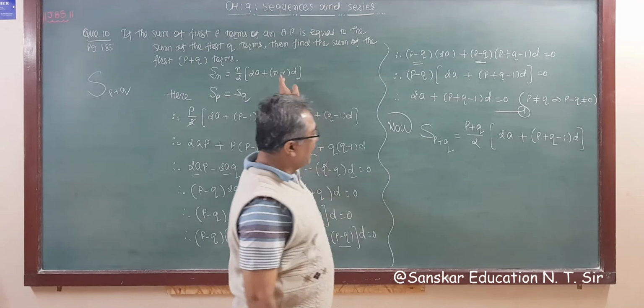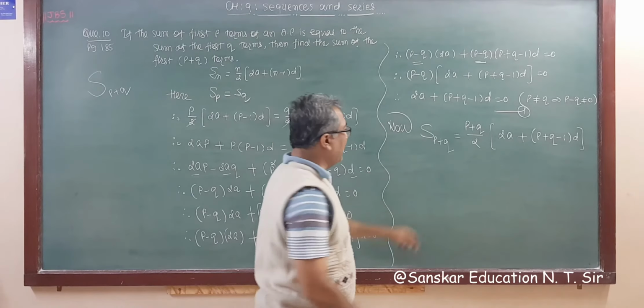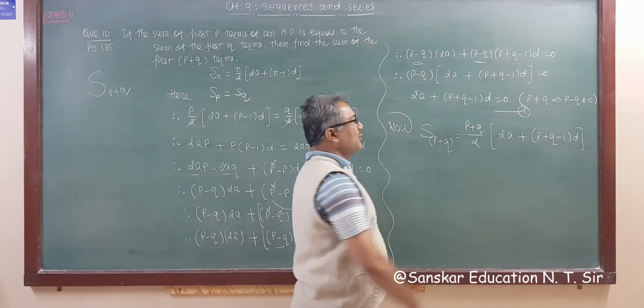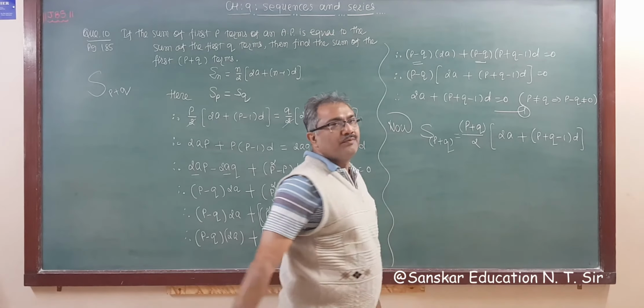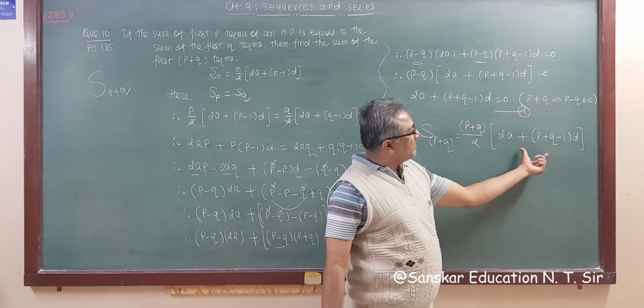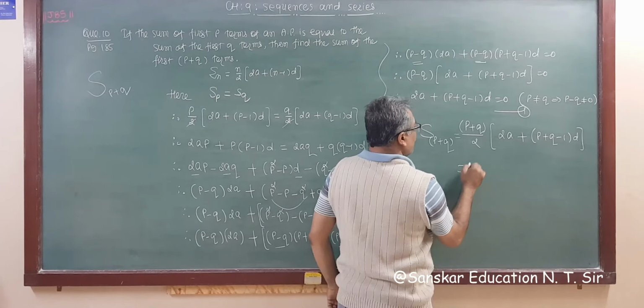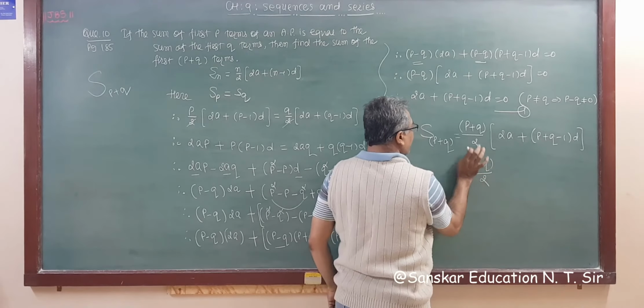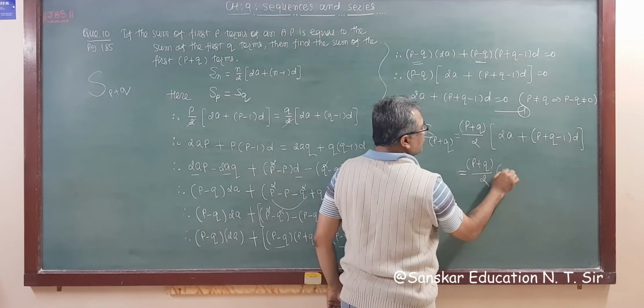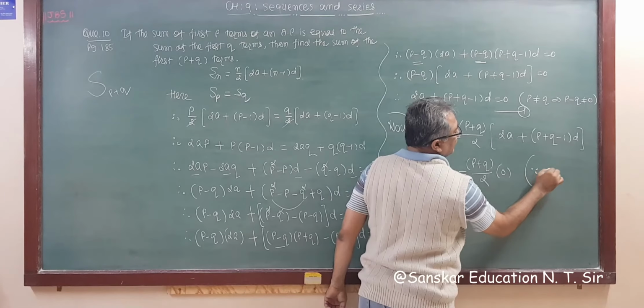That's why this is p plus q by 2. Now from equation number 1, this is 0. So this is p plus q by 2 into 0 because of result number 1.